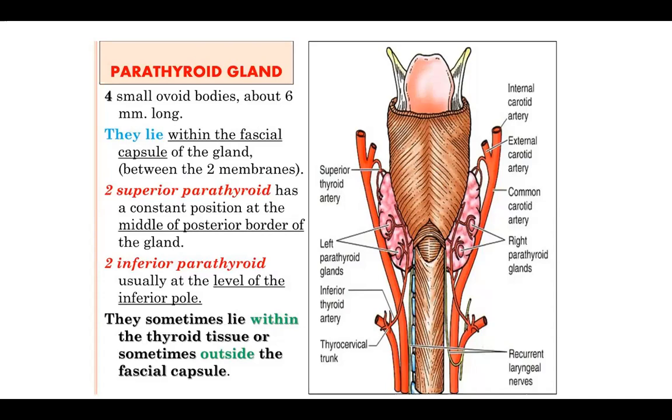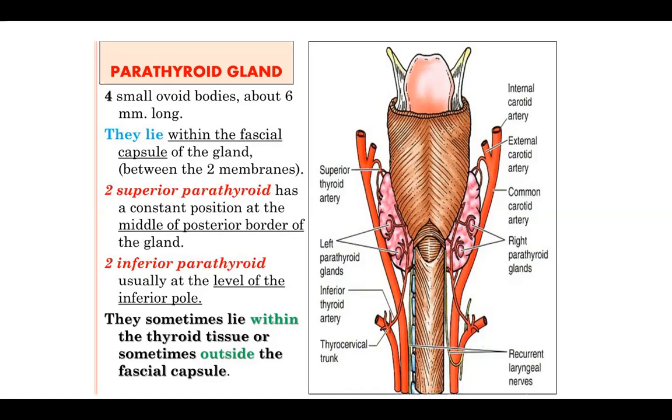If we recall our knowledge from anatomy, we know that we have a total of 4 parathyroid glands, 2 superior and 2 inferior. In this figure, you can see a posterior view. These parathyroid glands are located in posterior relation to the thyroid gland.